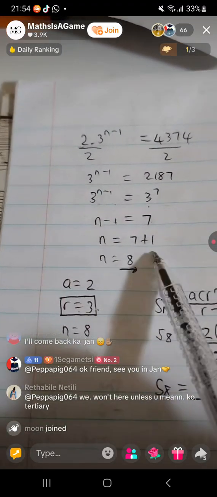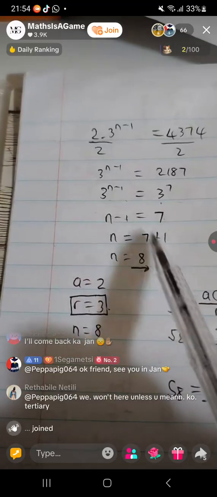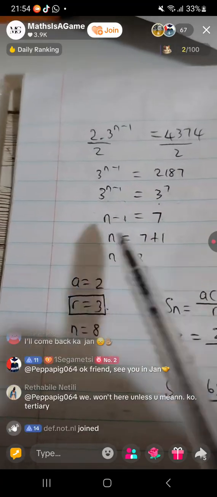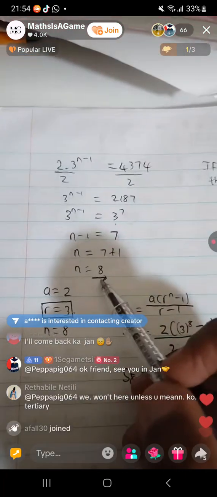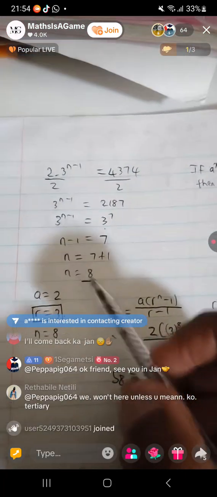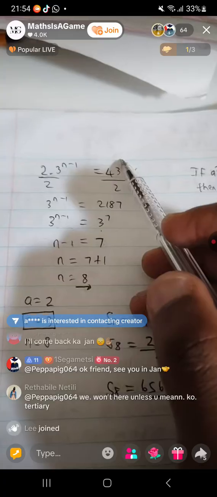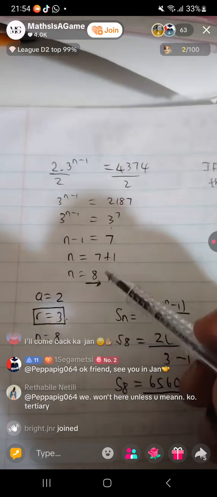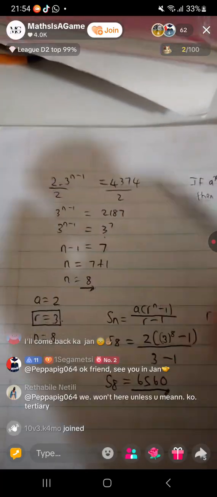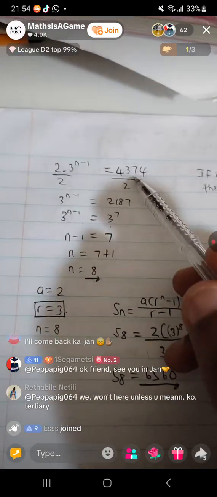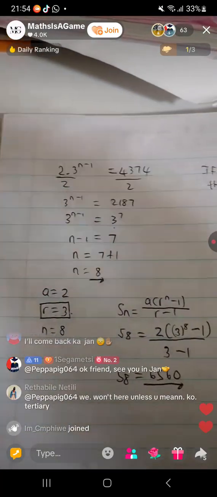Then I solved for n. Therefore, n is equal to, took the negative 1 over to the other side, n is equal to 8. Now, because I know what n is, the position of that 4,374 is 8. It's the 8th term. So what does that mean, since my 8th term is actually 4,374?